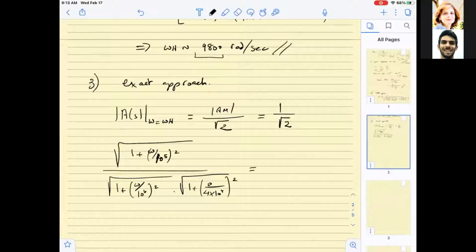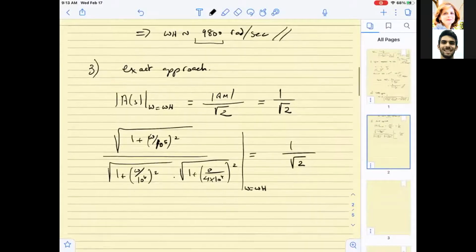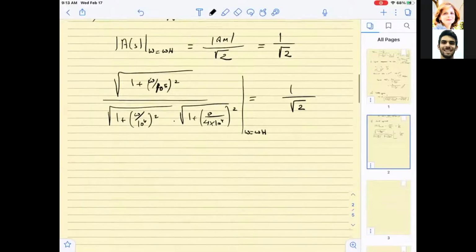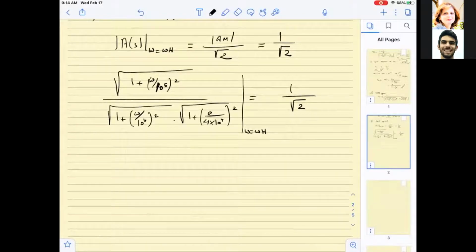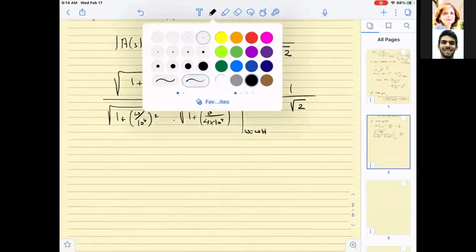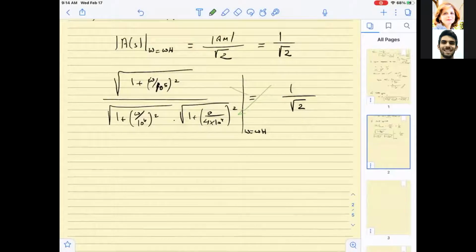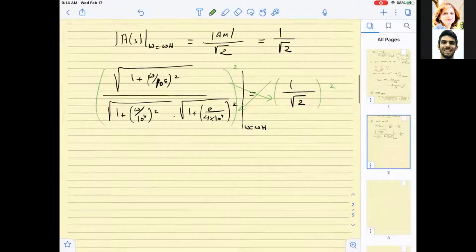This magnitude, replacing omega equal to omega H, I want it to be equal to 1 over root 2. Okay, now what we will end up doing, we will end up squaring both sides. Okay, so we will cross multiply, and I'm going to square both sides. And in the lecture notes, we have a reduced form, and this is written already.